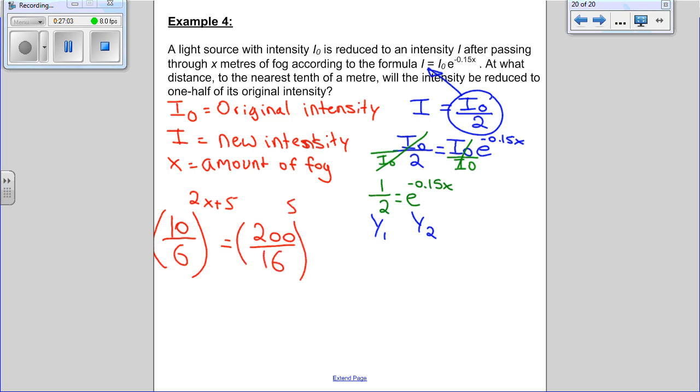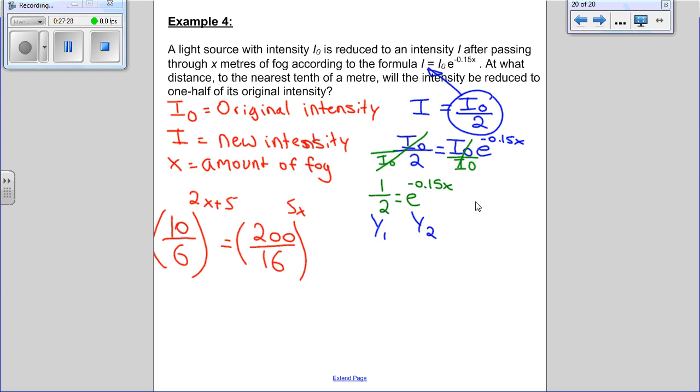The only time it doesn't work is if you have multiple variables, right? So if I had x's and y's in here, then that doesn't work. But this trick of make this equal this, y1, y2, it works for everything. So I've been using it a lot recently because these are really hard to calculate otherwise. But you could do it for really simple questions, and it would still work.